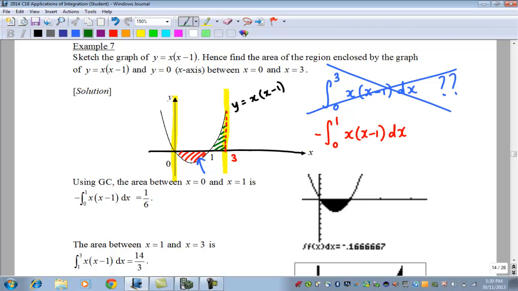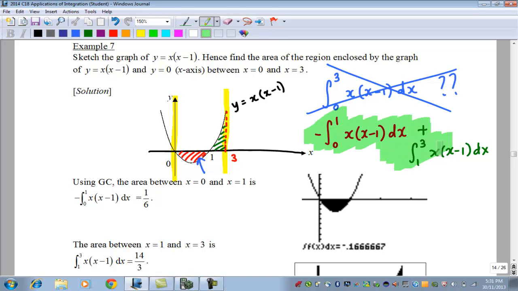As for the green part, I will add on the integral from 1 to 3. In this case, I do not have to put a negative in front because the shaded part here is above the x-axis. So integrate from 1 to 3 of the original function dx. Evaluating this whole chunk will lead us to the answer.